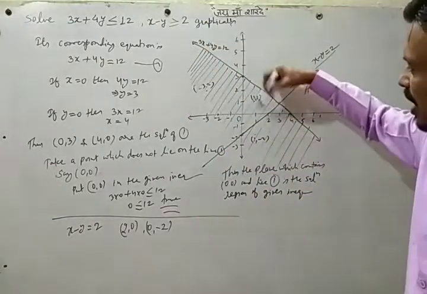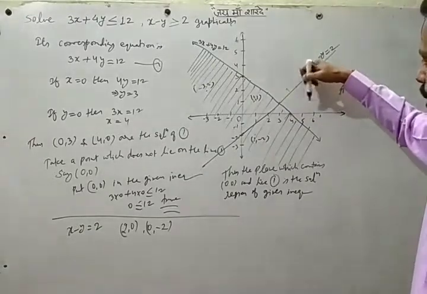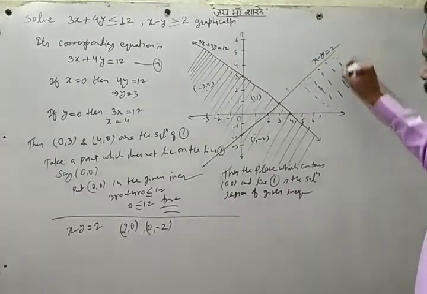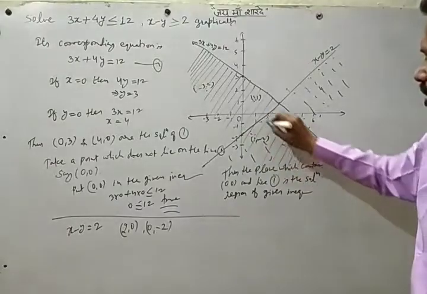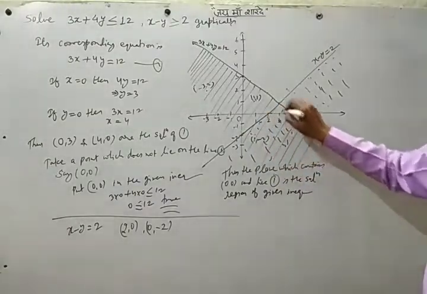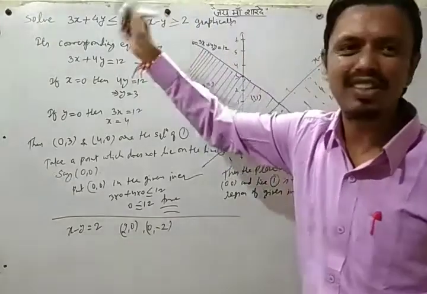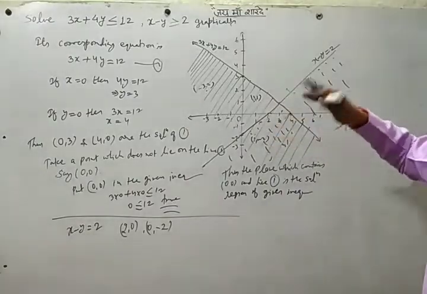So above this line, this part is not the solution, means below this line is our solution of the second inequation. Now we need the solution of these inequations together. So what is the common part of both the shaded portions?